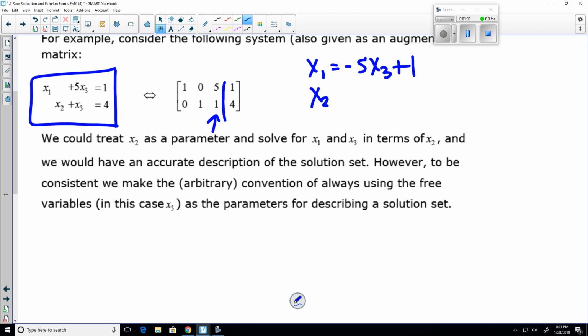This means solve the equations in terms of the free variables for the basic variables. And then for the free variables, you can say they're free, or you can just say the free variable is equal to itself. So that's called a parametric description of the solutions.